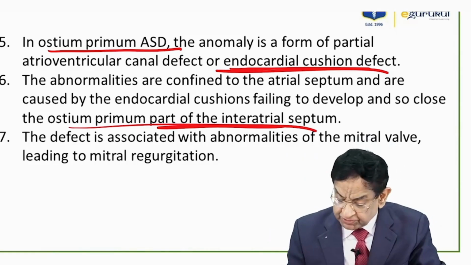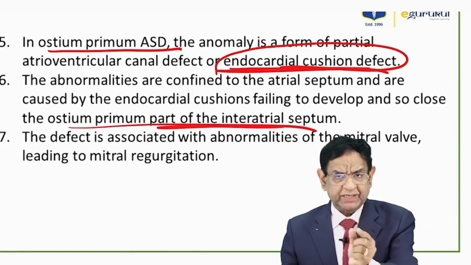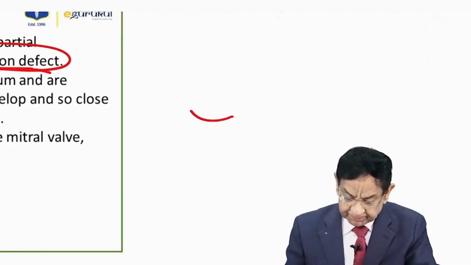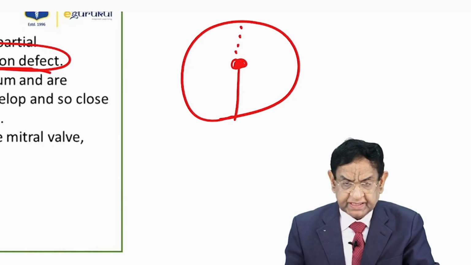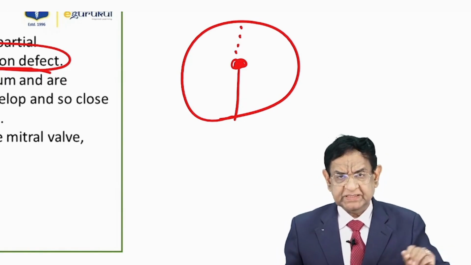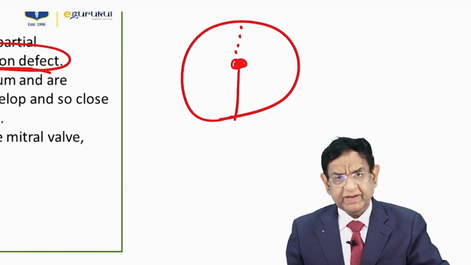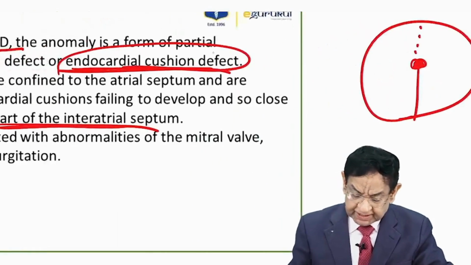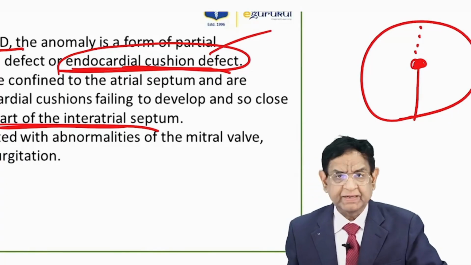The primum one is due to endocardial cushion defect, and we all know in embryology, the endocardial cushion grows and makes the septum. This is not properly made. So invariably in the exam, if the word endocardial cushion defect is coming, you are dealing with septum primum.